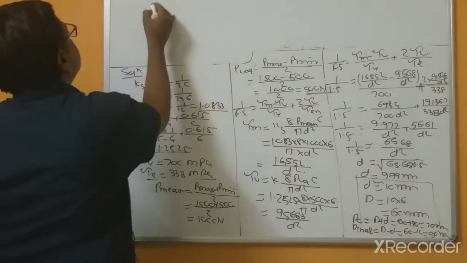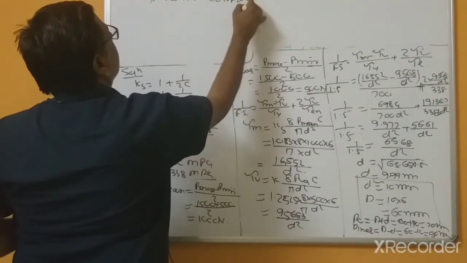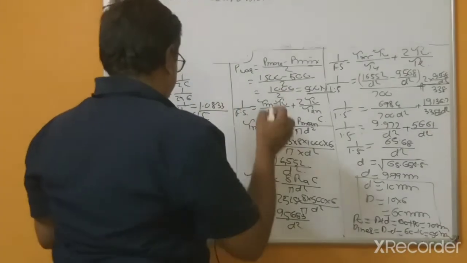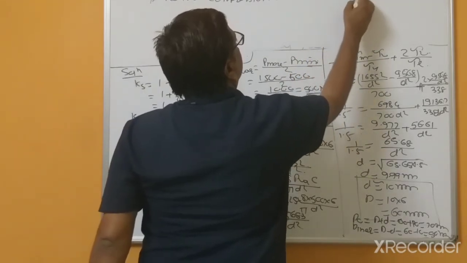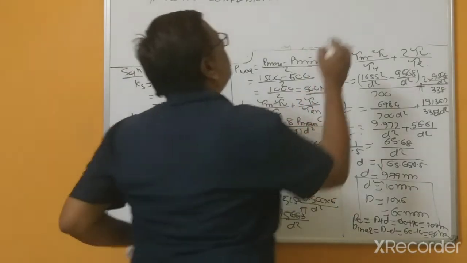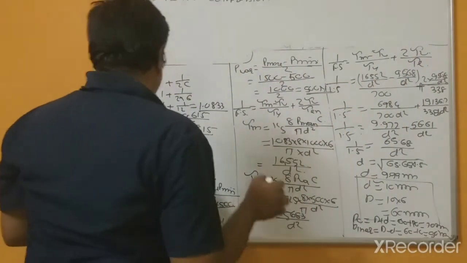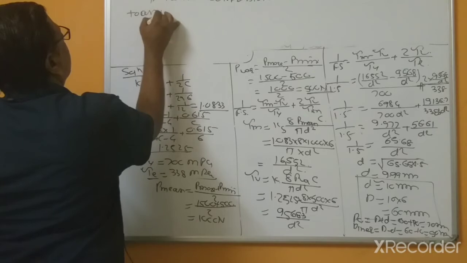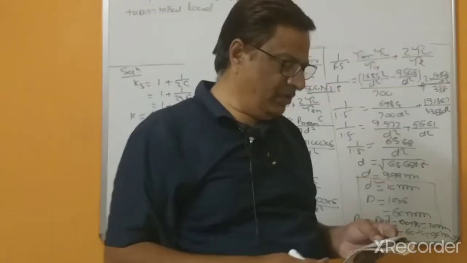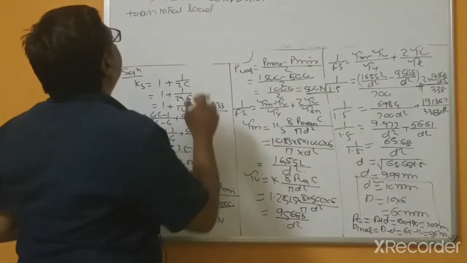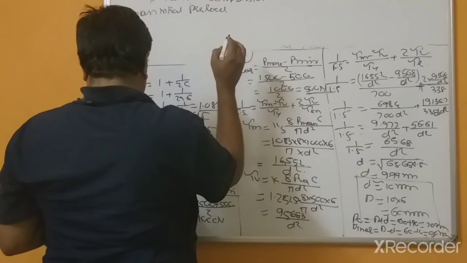So note down: a helical compression spring of a mechanism is subjected to an initial preload, means the minimum load, of 50 newtons.